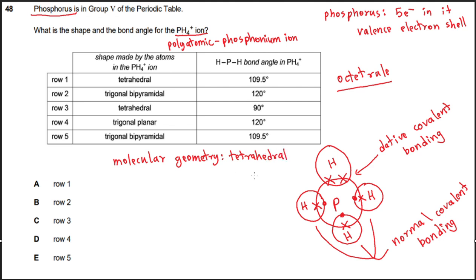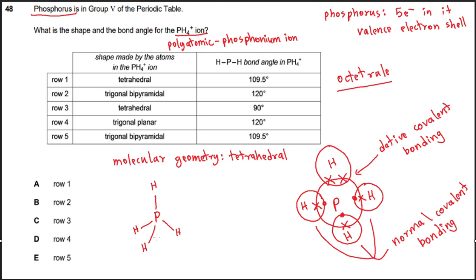It's a tetrahedral arrangement because it has a central phosphorus atom bonded to these 4 hydrogens. For simplicity, I'm going to draw just this molecular structure. This is exactly how it looks. So it's a tetrahedral arrangement.